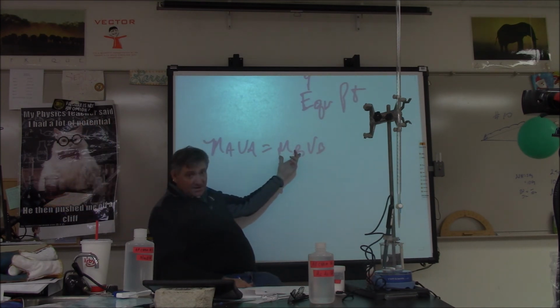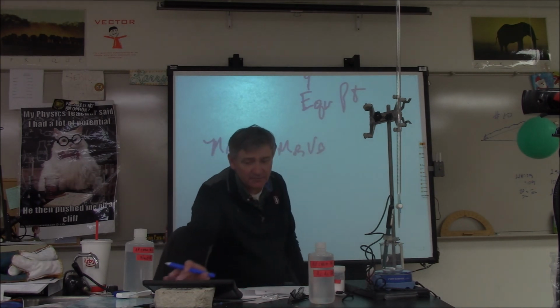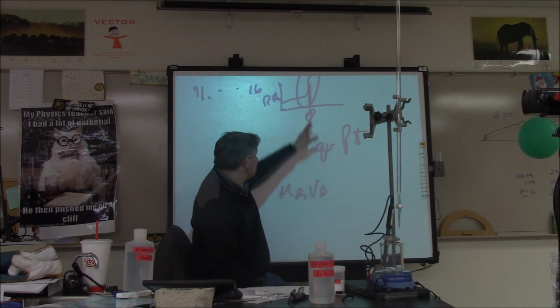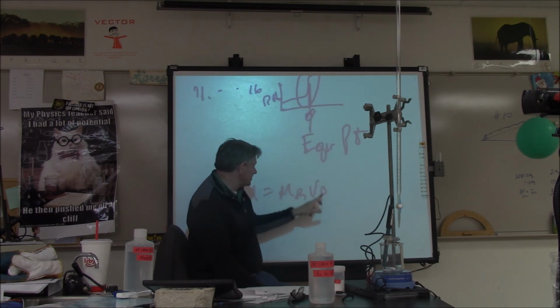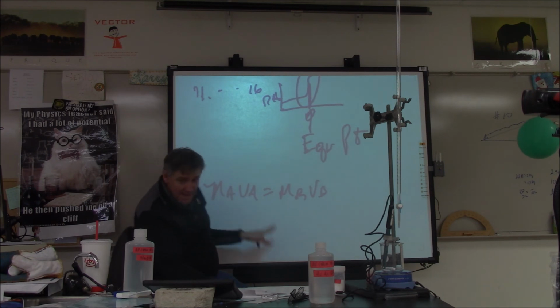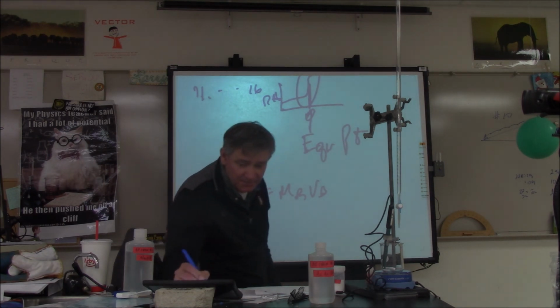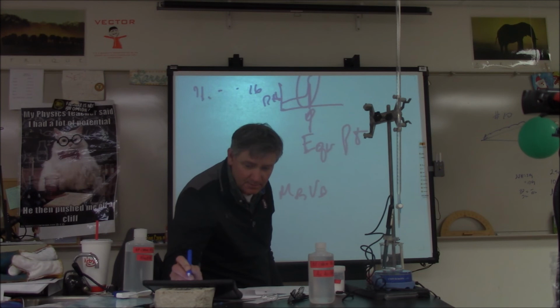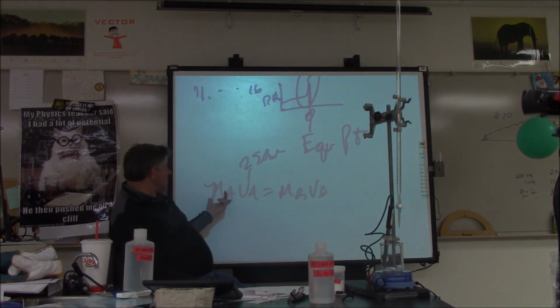You're going to know the volume of the base, because that's going to come from the midpoint of this pH curve. You're going to know the volume of the acid, so that's going to be 25 milliliters. The only thing you don't know is the molarity of the acid. So this is going to be the big calculation that you're going to do the following day.